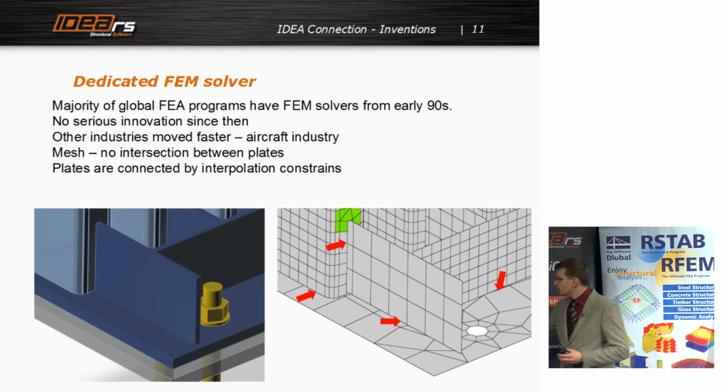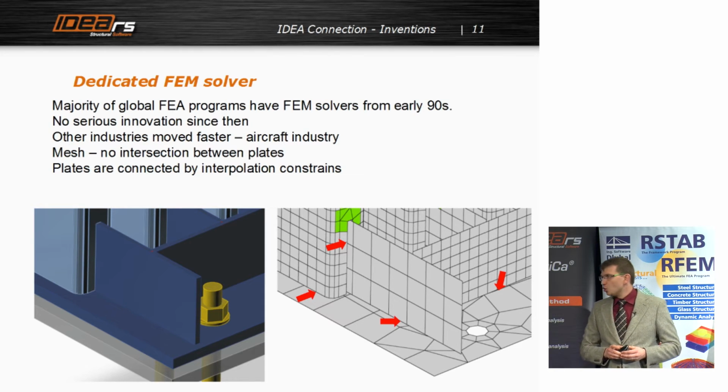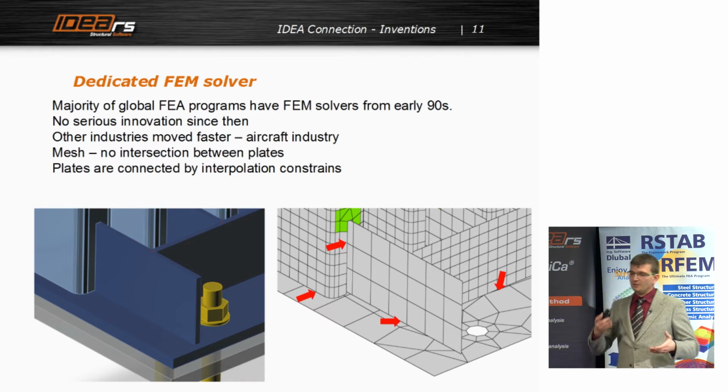You can see here in the red arrows that there's no direct connection between the meshes of the plates. Here we connect them by interpolation constraints, which connect these plates together.